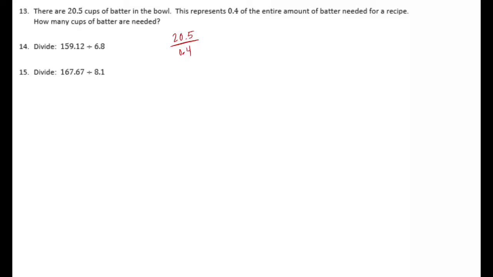I find it hard to estimate or divide using not a whole number, so I'm going to make a whole number divisor, and then I'll do my estimate. So I need to move it one place, which is 10. So we end up with 205 divided by 4. So my estimate, I'm going to do 200 divided by 4, which is equal to 50. So my estimate is 50.